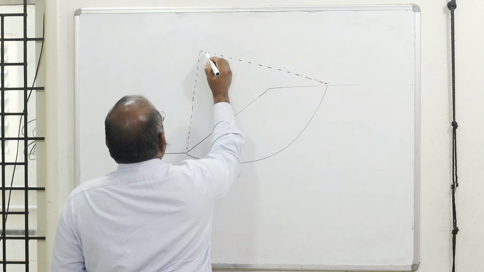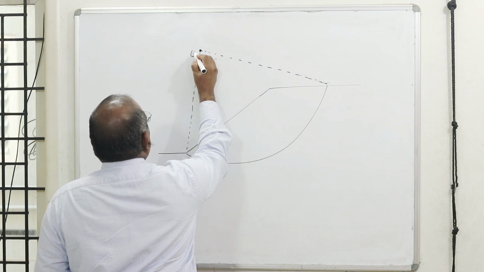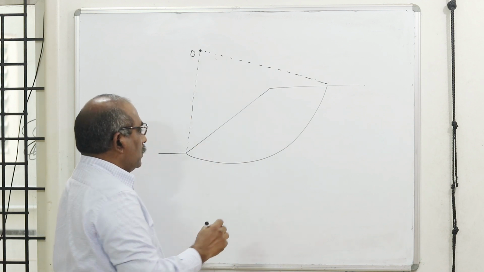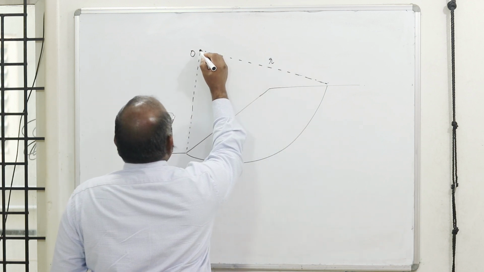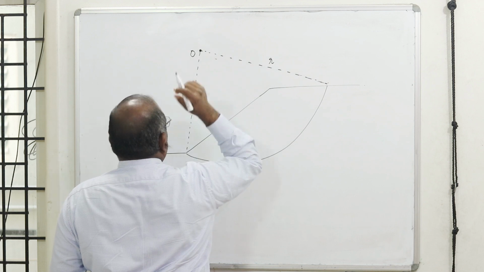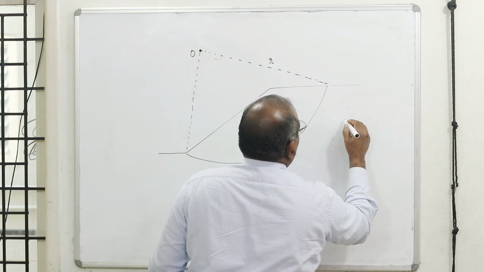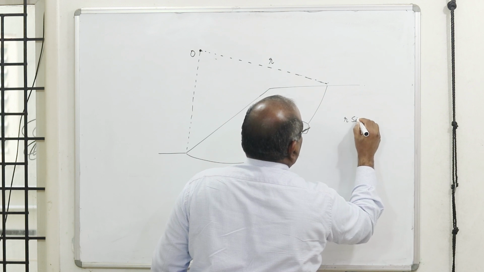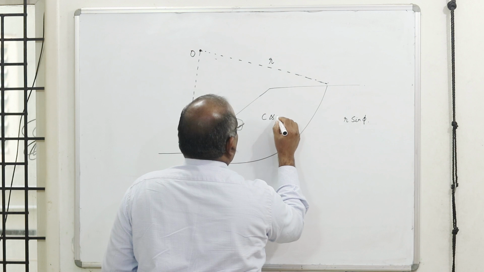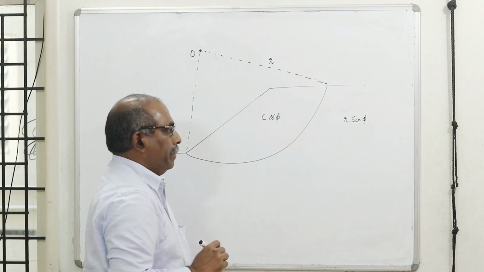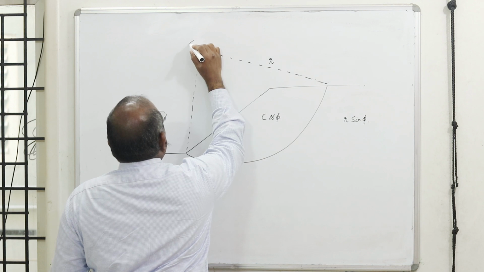Now if this is the slip center O, if I draw a circle, the radius is R. Now I'll draw a concentric circle with a radius R sin phi. The material properties are C and phi.